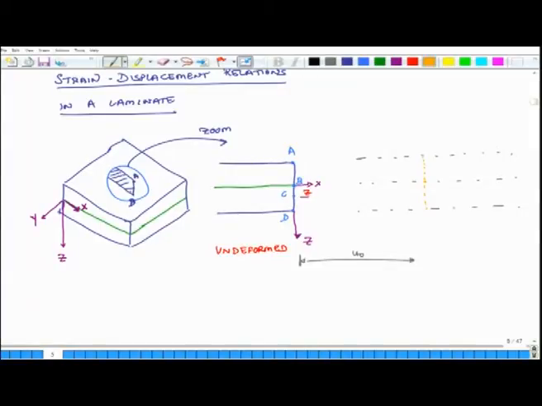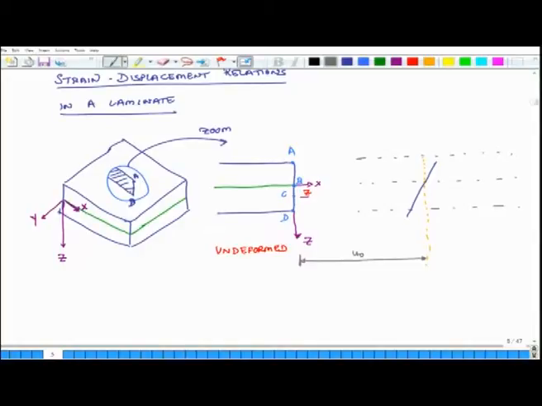When I rotate it, the new configuration looks like this. So, this distance is u naught, and this rotation is by a certain amount.